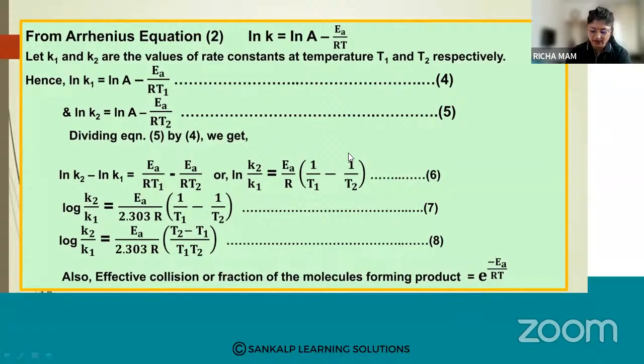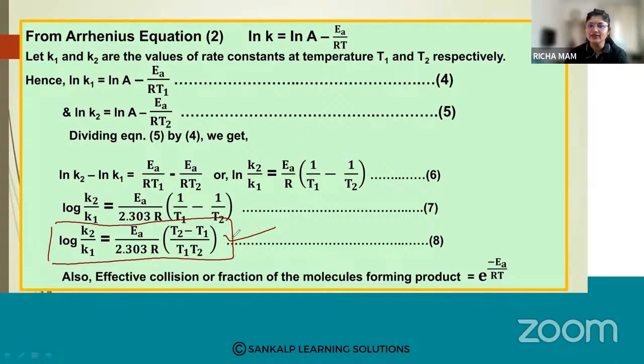The formula given experimentally is this: log of K2 by K1 equals Ea by 2.303 R into (T2 minus T1) divided by T1 T2. This is the Arrhenius equation. Activation energy can be determined experimentally by this particular equation.